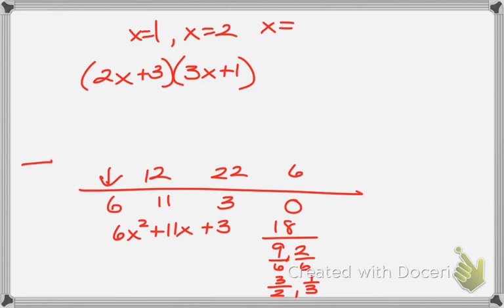This would be, think backwards, x minus 1 and x minus 2. So that would be your polynomial written in factored form. And what's the purpose of then putting into factored form? Then I can see what the solutions are. My solutions are what? Negative 3/2, negative 1/3, 1, and 2.